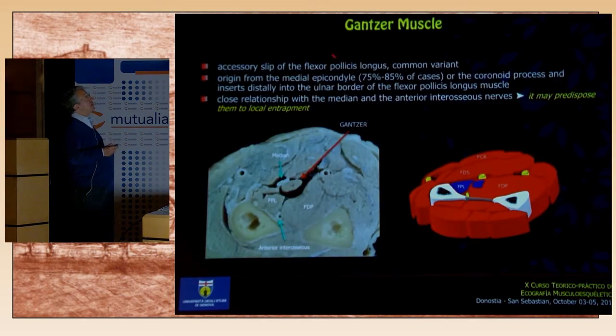Remember the Ganser. The Ganser is an accessory slip of the flexor pollicis longus muscle. You know, the flexor pollicis longus is located here, in very close proximity to the radius.